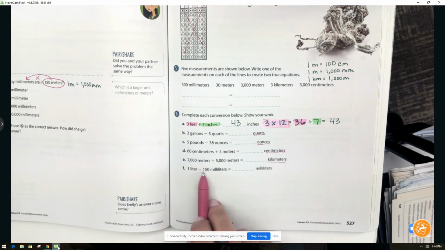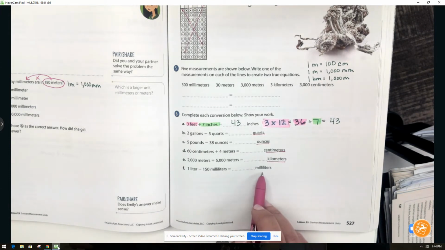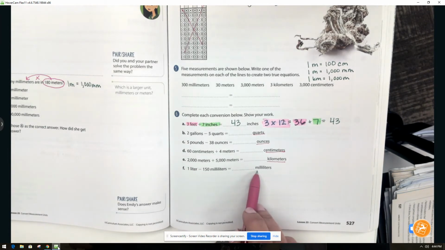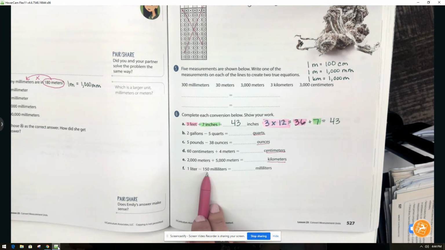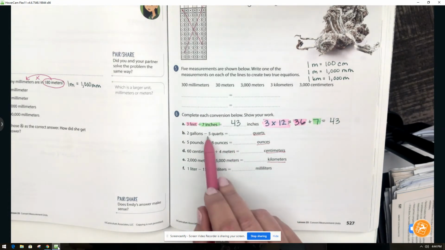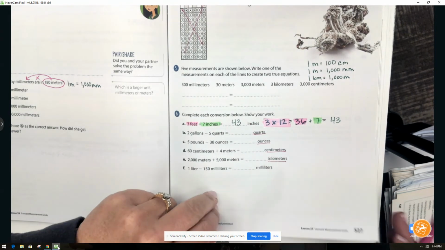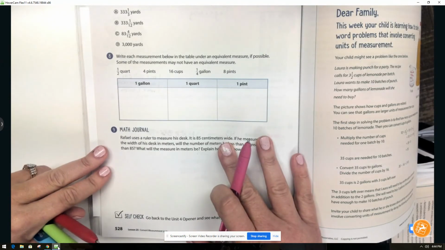And then finally, 1 liter minus 150 milliliters, and you're changing it to milliliters. So convert this 1 liter into milliliters first, and then subtract 150. So you're going to have to do some conversions, and then add or subtract the difference to get your answer. Go ahead and go to number 7.